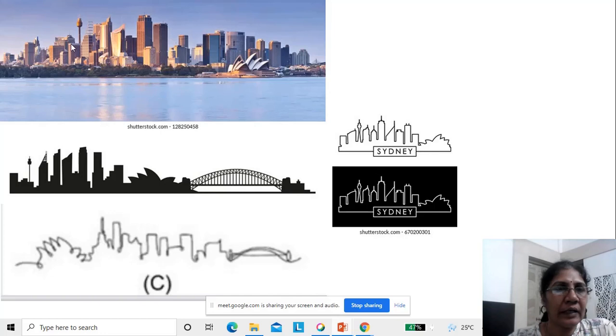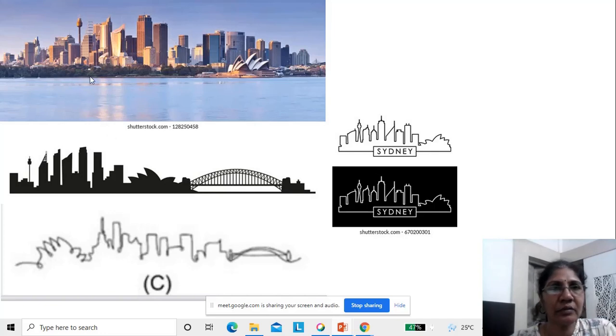This is the original picture of Australia, and the skyline would give you an idea about the variety of structures, whether taller or shorter, the nature of the buildings, and everything included in the picture frame if you take a broader picture of any city, right?